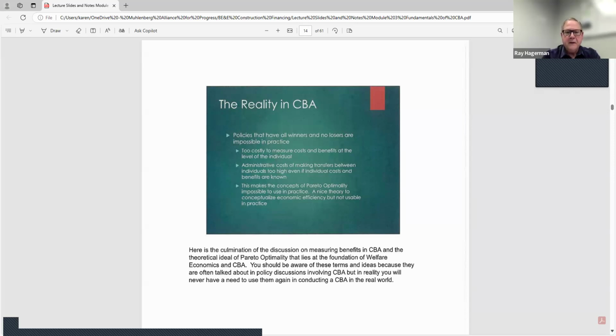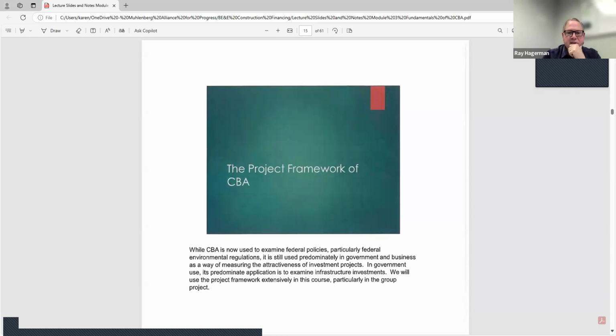Reiterating a lot of this, the fact of the matter is it's almost impossible to measure the exact costs and benefits at the level of the individual. And if we actually could do that to achieve Pareto optimality, the administrative cost of doing that would be so high, there's no real way that we could do it. So like I said before, it's a nice theory and concept to help us determine some level of efficiency, but it's not really usable in practice.